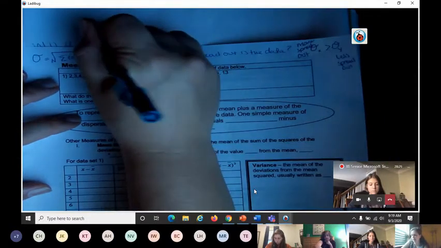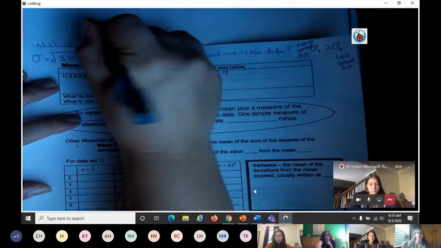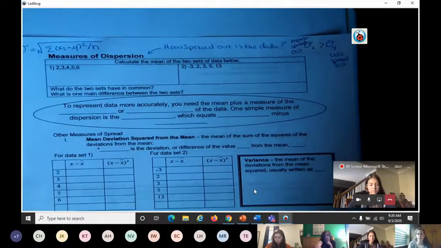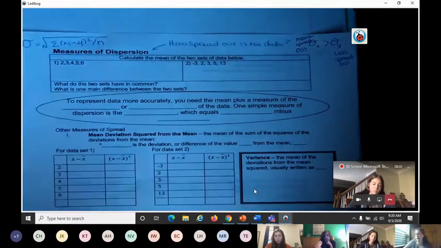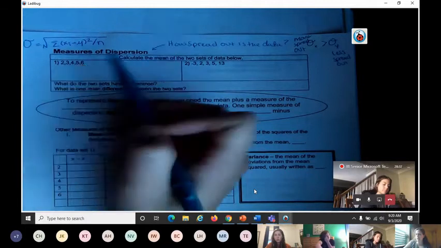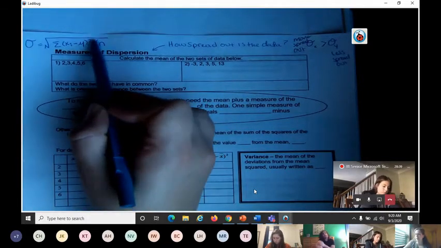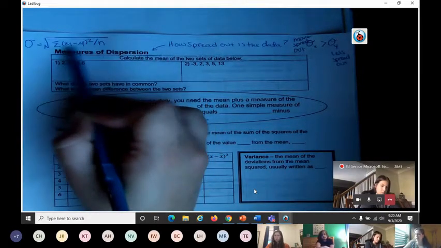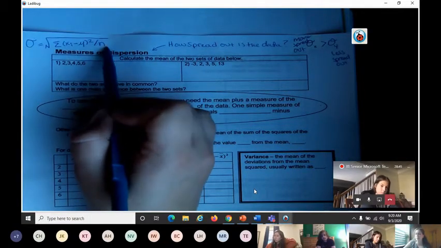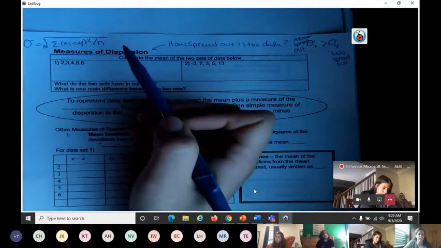And all of that is going to be divided by the total number of elements in the set. So x sub i is each individual piece in the data set. Mu is our mean. And then we're squaring the differences, summing them, and dividing all of that by the total number of things that we have.